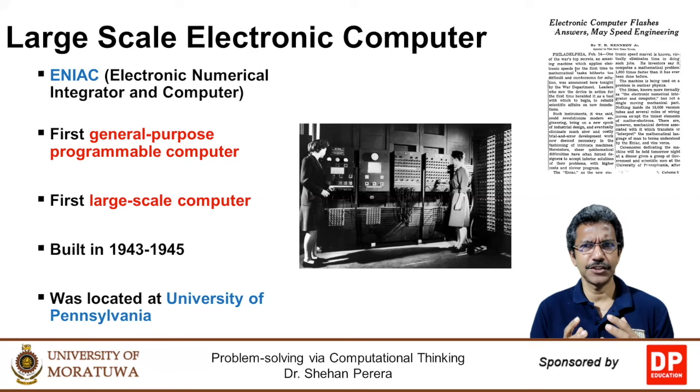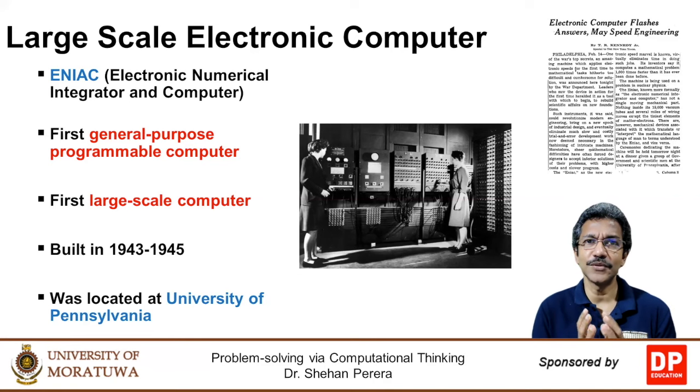It was a huge machine, and there were a lot of devices and wires going all over the place, connecting the components and transferring the electrical signals all over the place. But ultimately, it was able to give the solution to the problem that we have given using an algorithm and representing that algorithm in this machine.